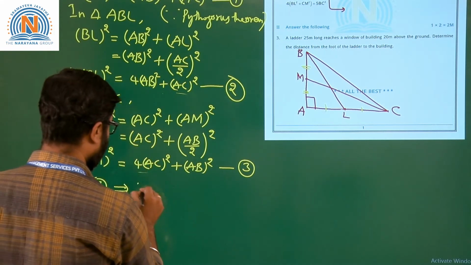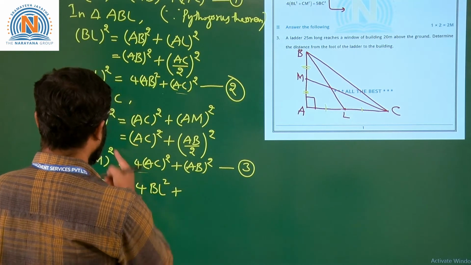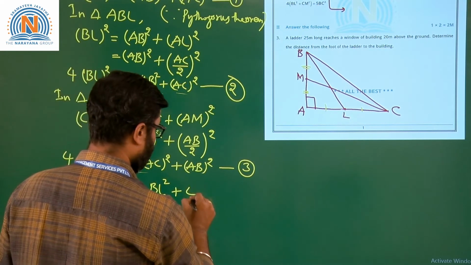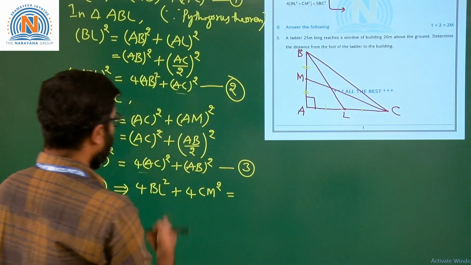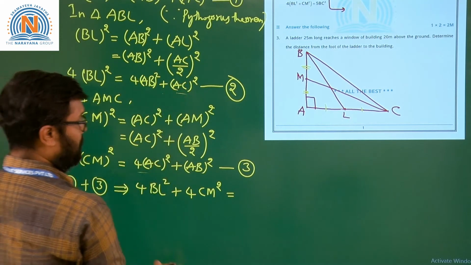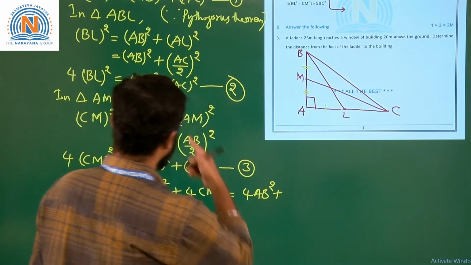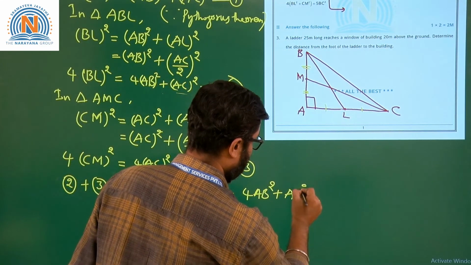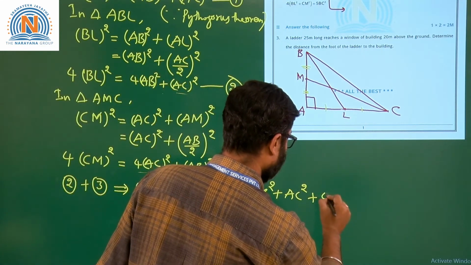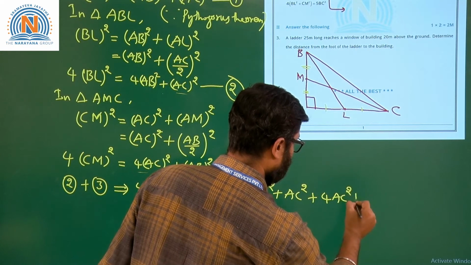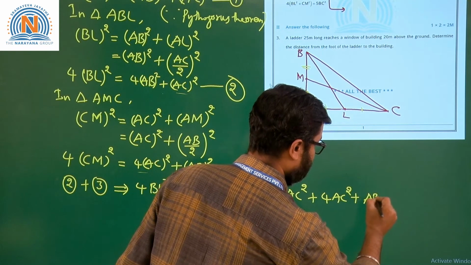So LHS means here 4 BL square plus 4 CM square is equal to RHS, 4 AB square plus AC square, plus here RHS 4 AC square plus AB square, that is AB square, isn't it?